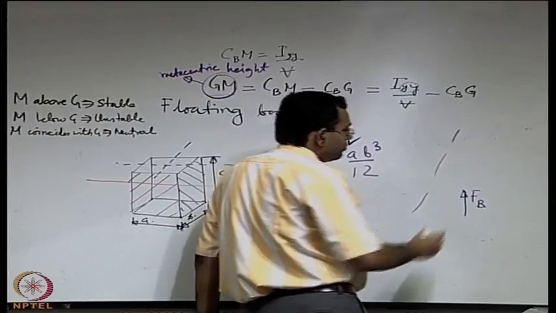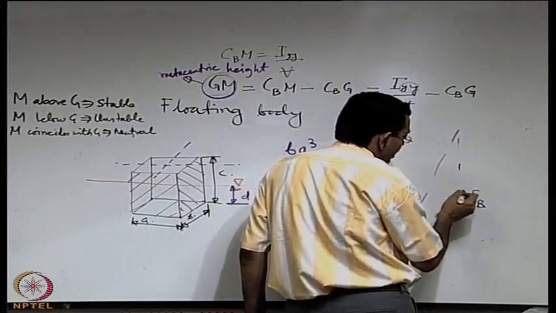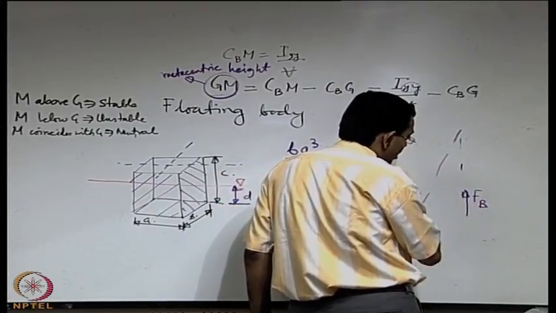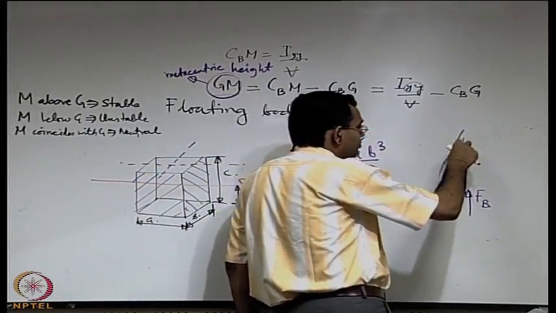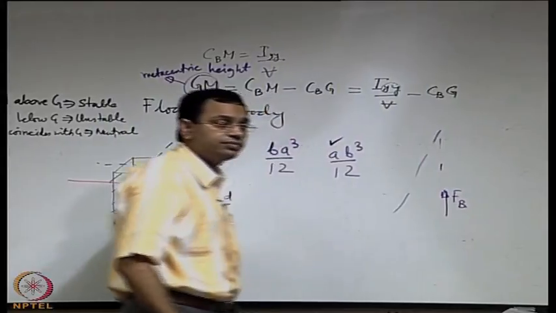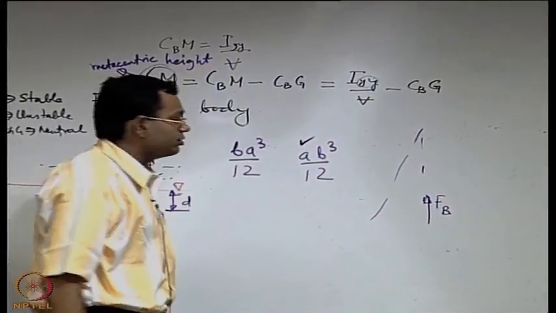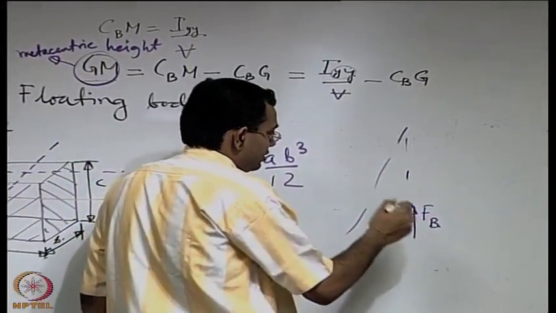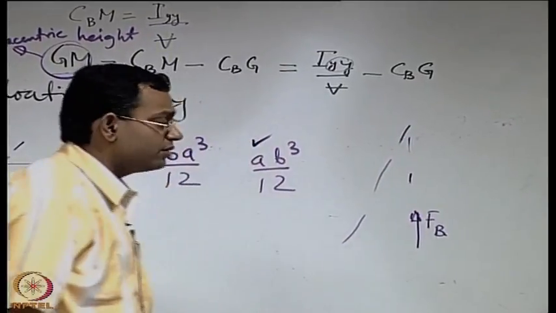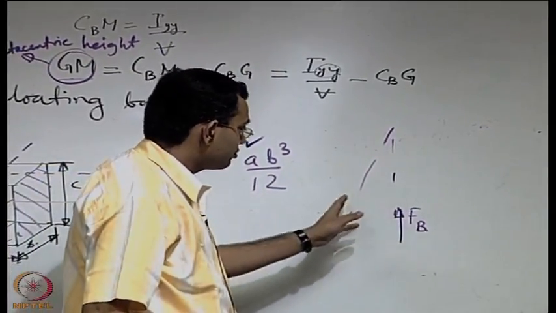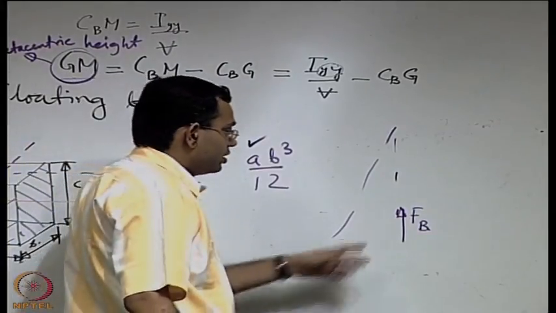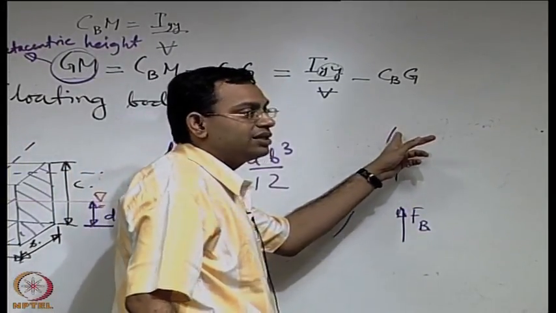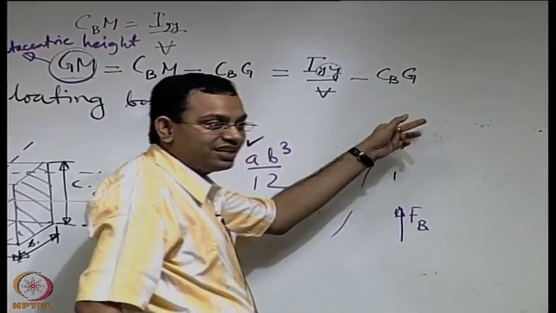What is the moment of this force with respect to the axis of the body? You can just find the perpendicular distance of this force from the axis of the body. What will be the perpendicular distance of the line of action of the buoyancy force? You can see that it eventually passes through the axis of the body, right.